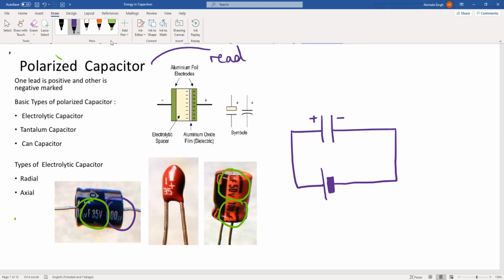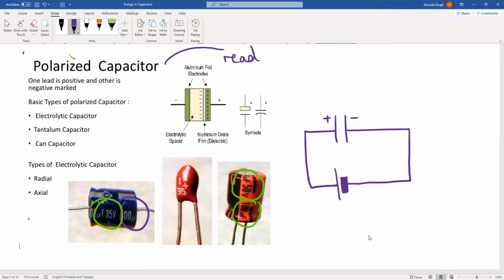We have radial capacitors. Those are the ones that look like a little cylinder. And let me see if I can draw this better. On your cylinder, our ones are covered in dark blue plastic wrappers.